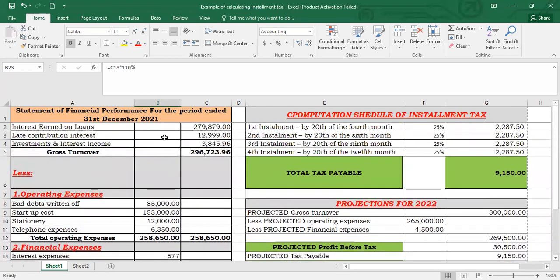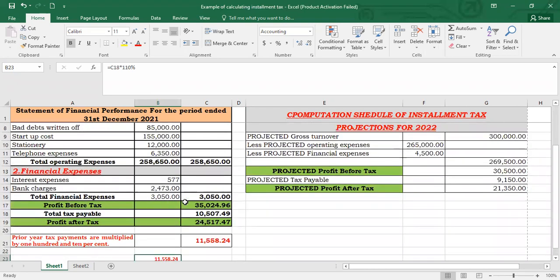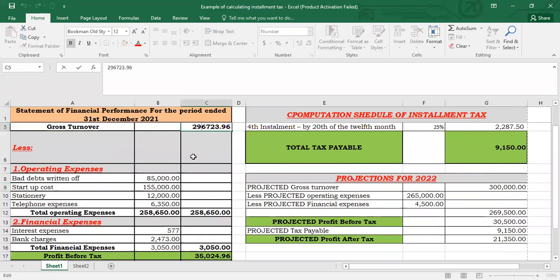Uangalie, if 2021 I made a gross turnover of 296,723, this year I can make 300,000.